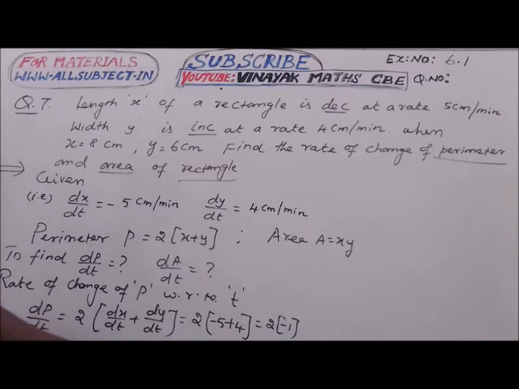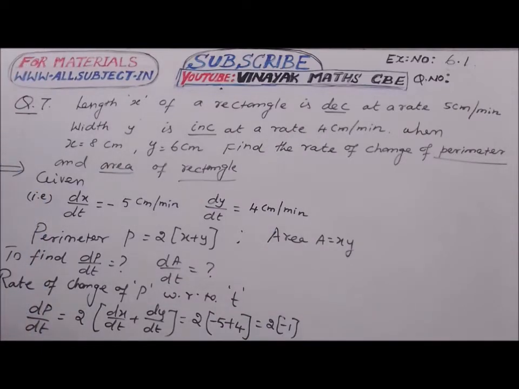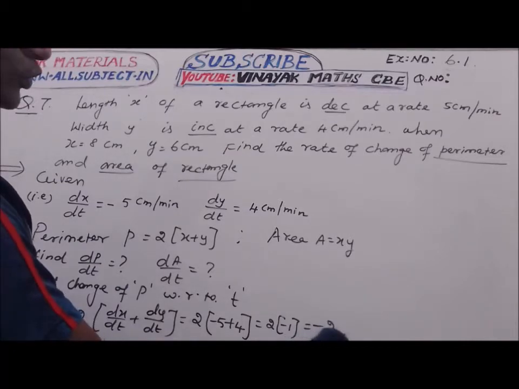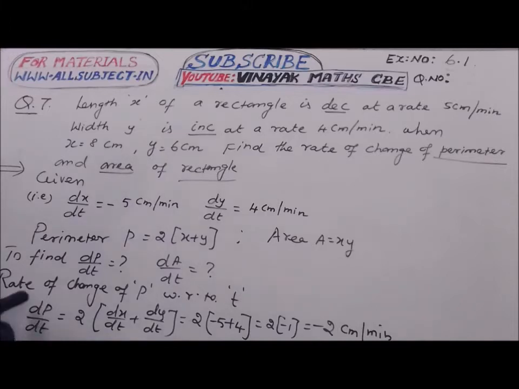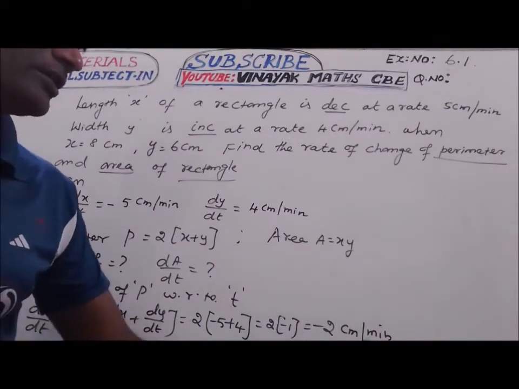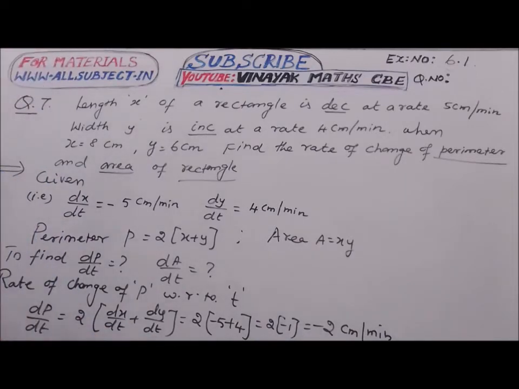Here the negative sign represents that the perimeter is decreasing at the rate of 2 centimeter per minute.